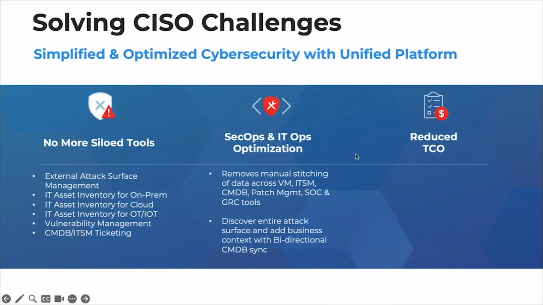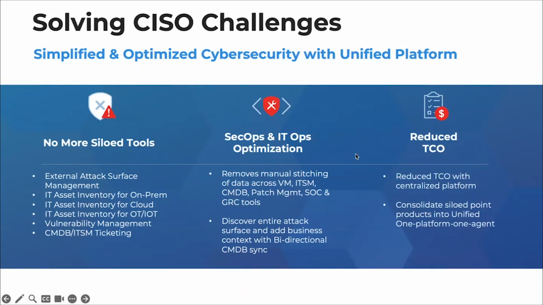This is where it creates more challenges and more manual laborious effort, right? But with us, everything that I just told you, external attack surface, internal attack surface, cloud, OT, IoT, vulnerability management, everything in one platform with one SKU that we are offering on top of the VMDR product that you have already bought. So it helps you reduce the total cost of ownership. It is helping you with your siloed point products into one, right?